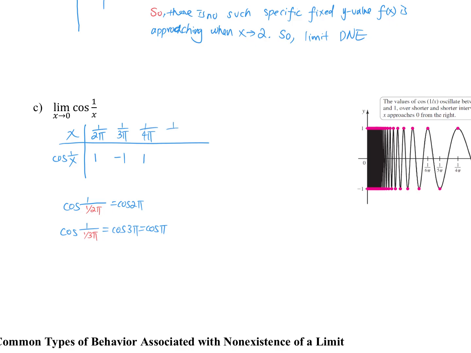And then 1 over 5 pi, closer to 0 now. It's actually -1, and you can probably imagine the pattern. So these x values are approaching 0 from the right, and the y values are 1, -1, and so on and so forth. And we can see that there's no specific fixed value that the y value is approaching.